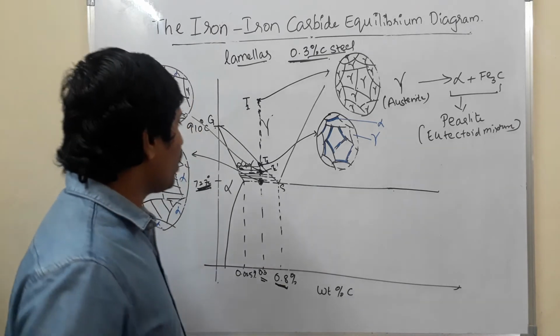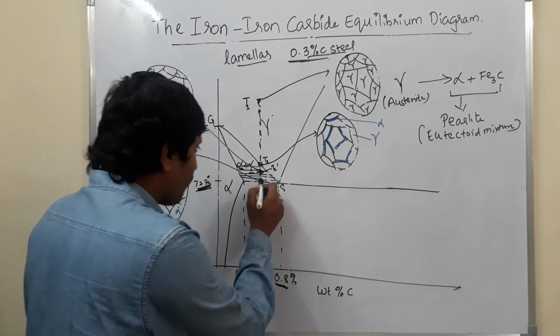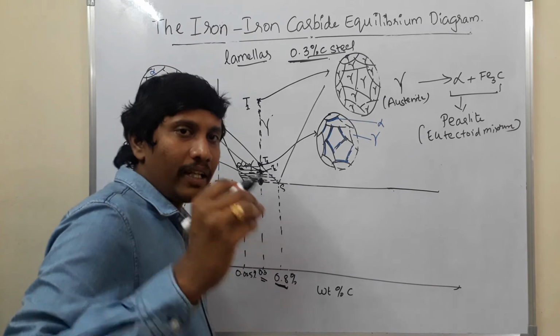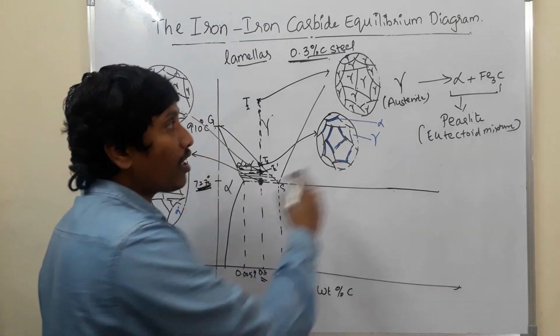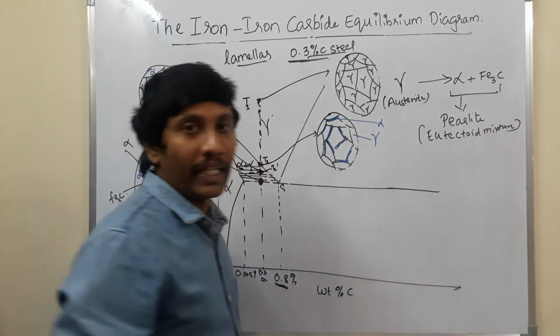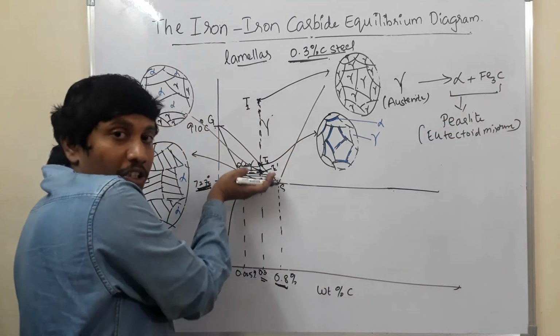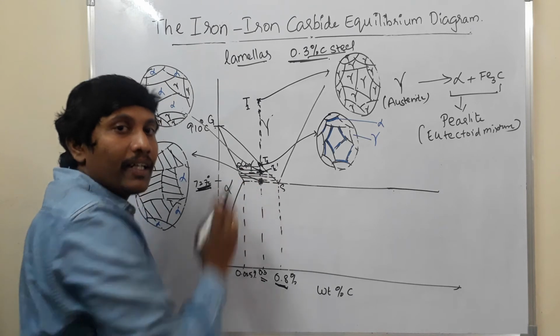Until the remaining austenite present at this temperature is converted to ferrite and cementite, the temperature cannot drop. The temperature cannot be decreased.